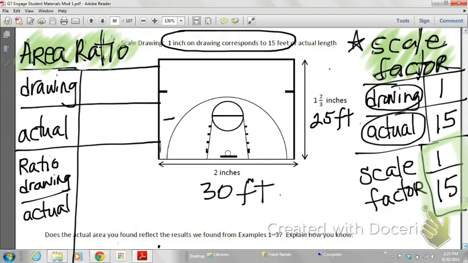It's a ratio between the scale drawing and the actual. So when we go ahead and do the area of the scale drawing, we have 1 2/3 inches and 2 inches. So we need to multiply those. Again, hopefully we're understanding how to do this.